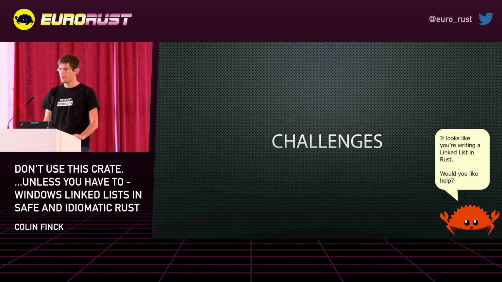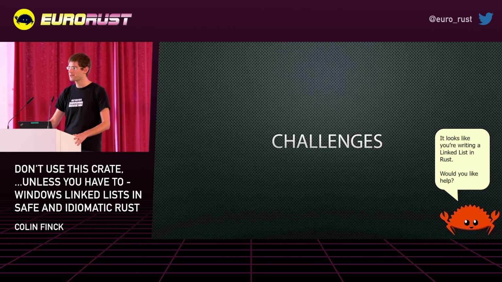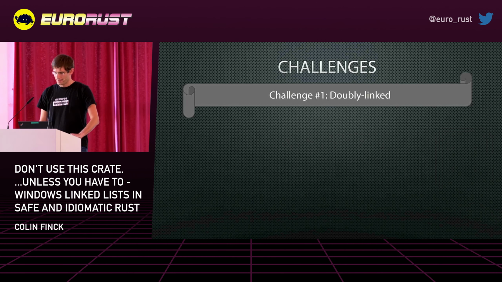So you see, with all these constraints, there have been various challenges I had to overcome to create a safe Rust implementation, and Rust has been very helpful here, so thank you, Ferris. The first challenge is fairly simple. List entry describes a doubly linked list, and all Rust guides basically tell you that doubly linked lists are not good because two mutable references to the same memory are prevented by the borrow checker.